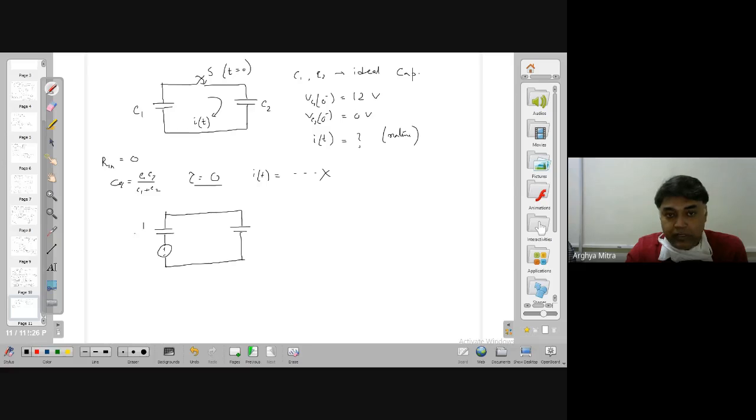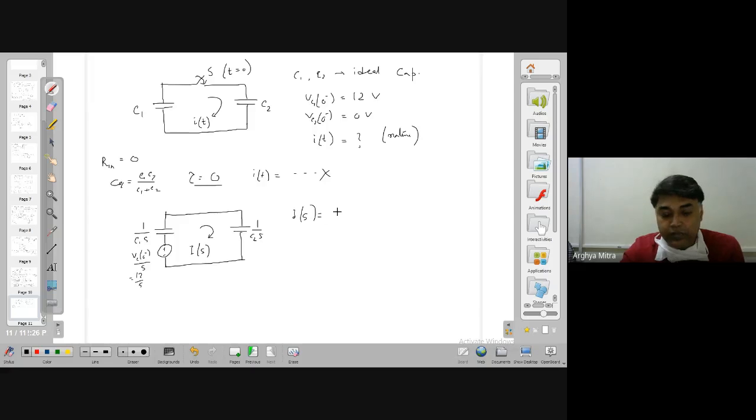It will be 1 by C1s, 1 by C2s, and what will be this? This is Vc0 minus by S, isn't it? So that means it is 12 by S. And the current flowing is I of S. So you can find out I of S, isn't it?